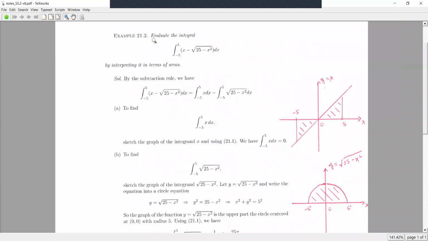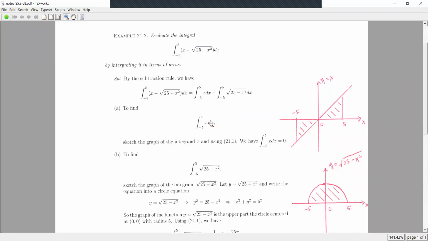Example 2. Evaluate this integral by interpreting it in terms of areas. By the subtraction rule, we can write this integral as a difference of two integrals. Now we have this and this integral to compute. To find the first integral, plot the graph of the function x.